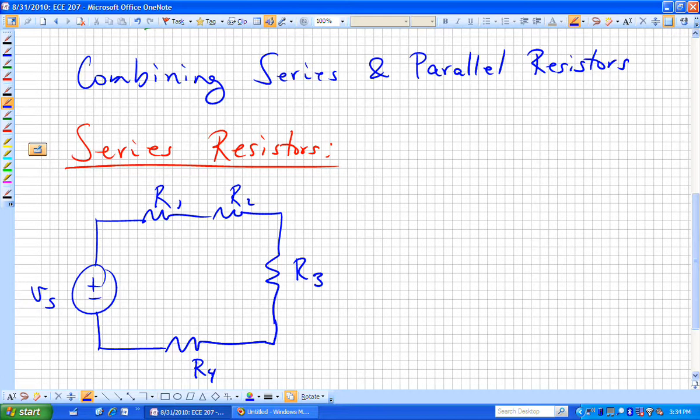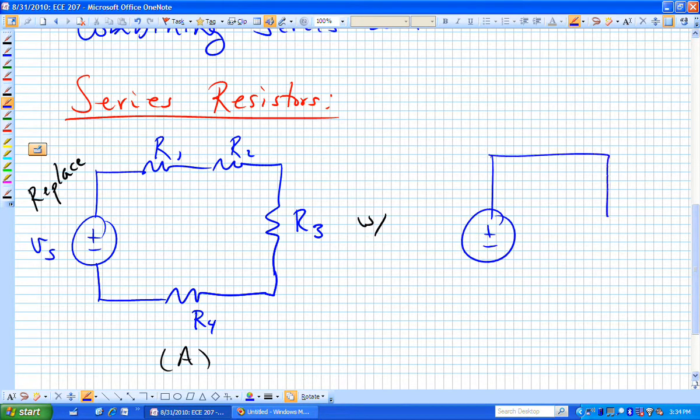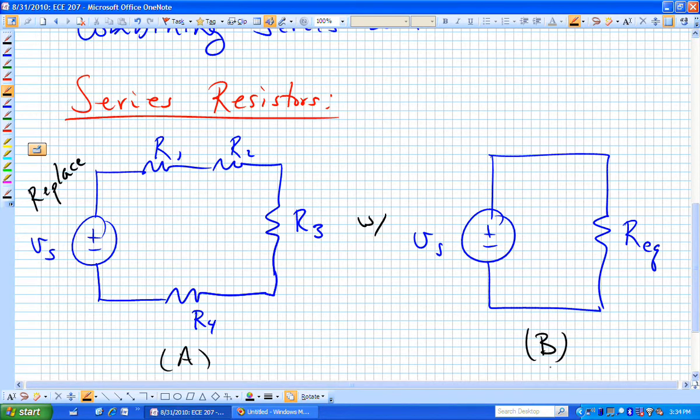We want to know if this, we'll call this circuit A, can we replace A with an equivalent circuit, which I might refer to as circuit B. Same source, but now we're consolidating or grouping all of those individual resistors, R sub 1, R sub 2, R sub 3, and R sub 4, into a single resistor, which we're labeling R equivalent.